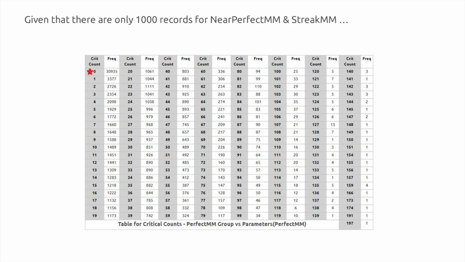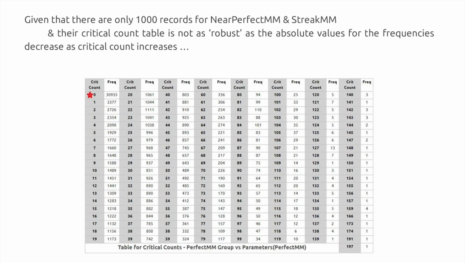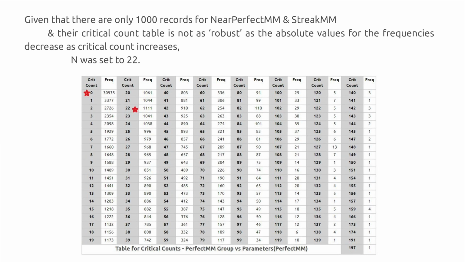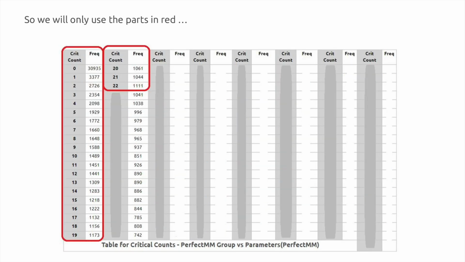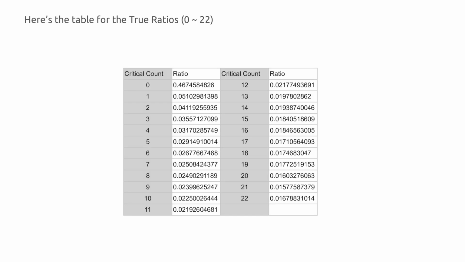Given that there are only 1,000 records for near-perfect.mm and streak.mm, and the critical count table is not as robust as the absolute values for the frequencies decrease as critical count increases, n was set to 22. So we will only use the parts in red to derive the true ratios for our next couple of tests. Here's the table for the true ratios.